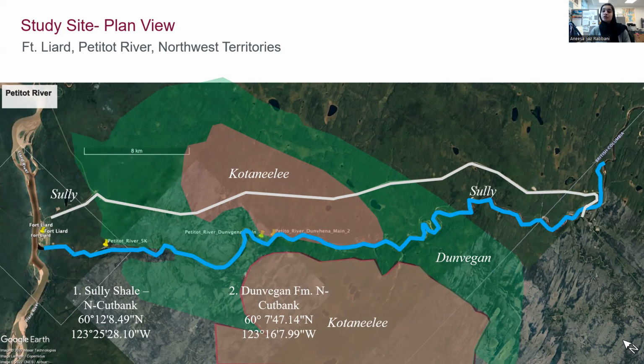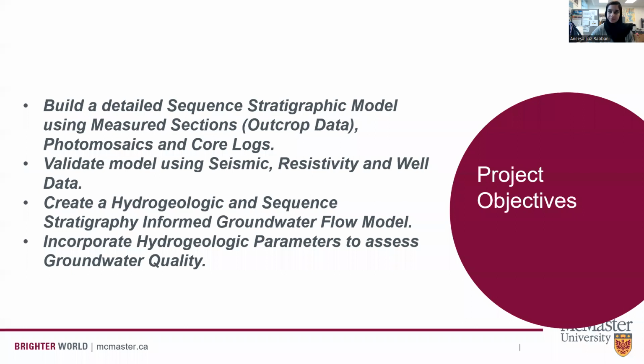We were able to do both last summer. We have a couple of measured sections from up here, and we also have photo mosaics of the Dunvegan Formation, about 500 or so photographs that were used for our preliminary study.